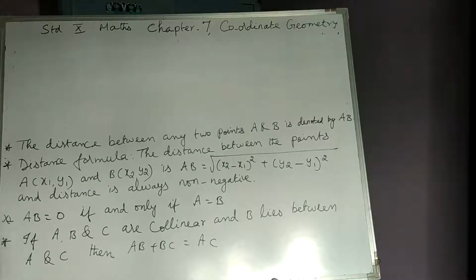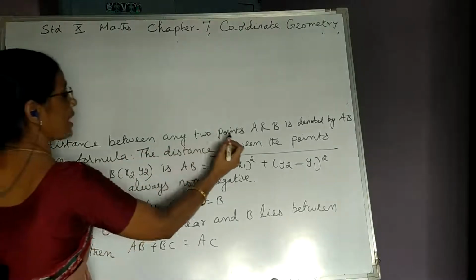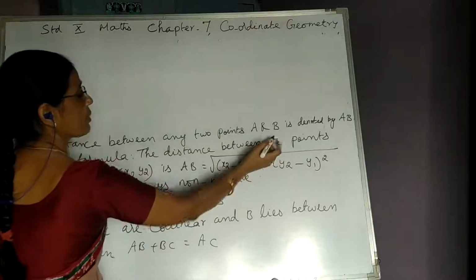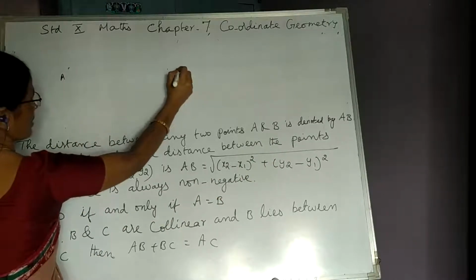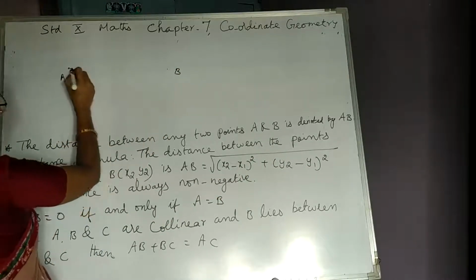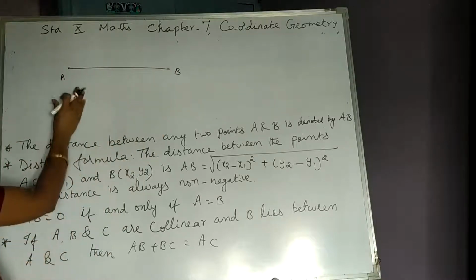The next point is that the distance between any two points A and B is denoted by AB. If A is a point and B is a point, to measure the distance between A and B, usually we use a ruler.